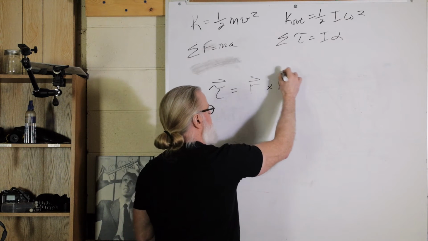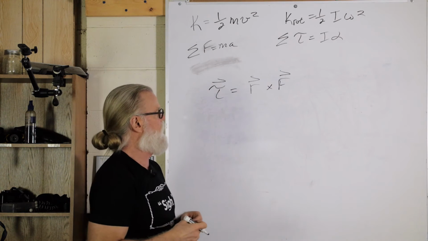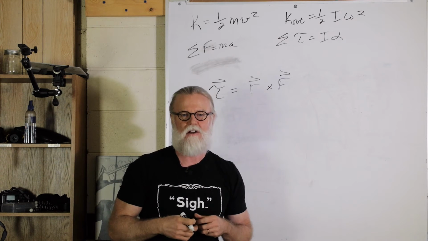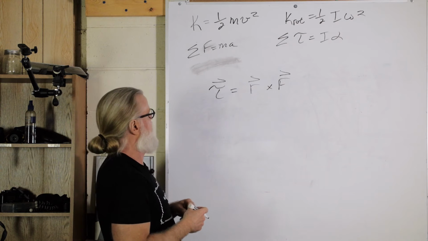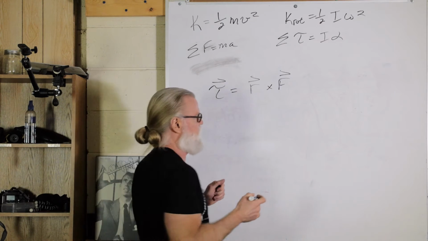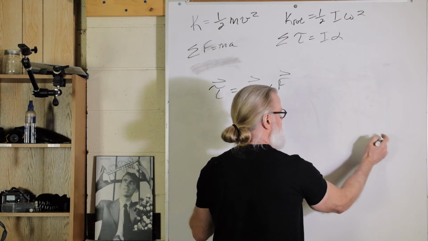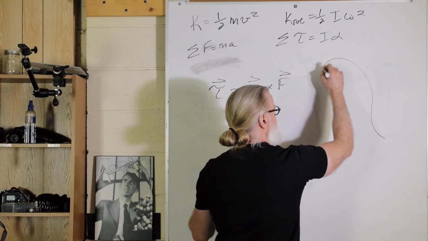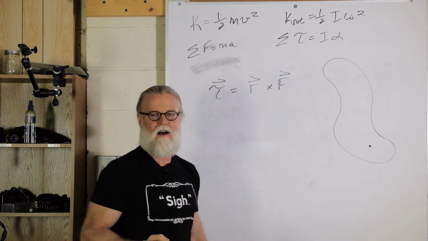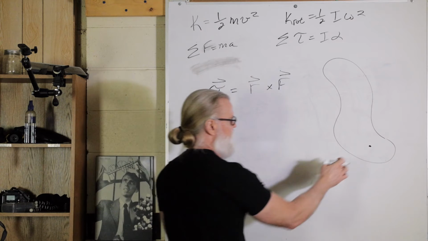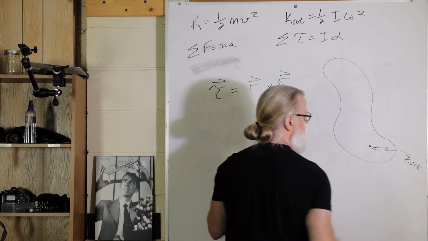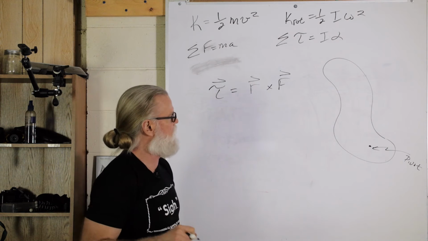This is also in your book. I don't know that you made it to that point in your reading, where we use a fancy mathematical way. It's using the vector cross product to say the torque equals R cross F. So let's take a look and see what that means. All right, so let's say I have some random object, looks like this, and I have a hinge right there, and so this is the pivot point, and I want to spin this thing, give it angular acceleration.